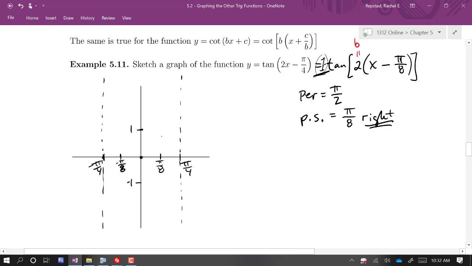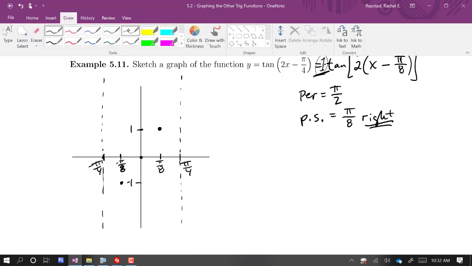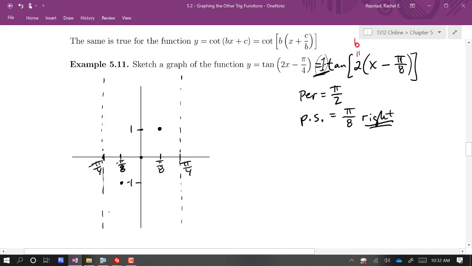Halfway would be pi over 8. So that's a 1. That's a negative 1. And then I know that as it approaches the asymptotes, it's going to shoot up to infinity or down to negative infinity. It's going to move through these points in that kind of smooth curve behavior that we noticed in the other examples. So this right here is tangent of 2x.